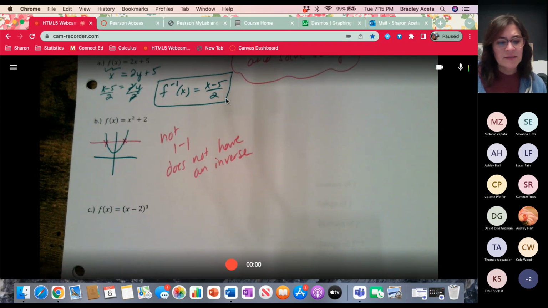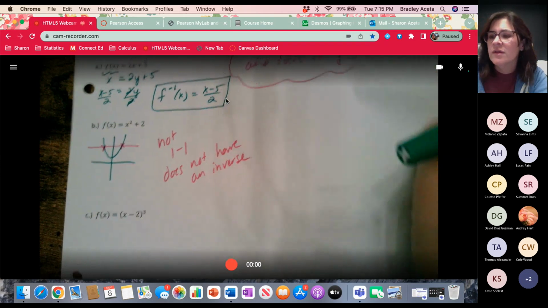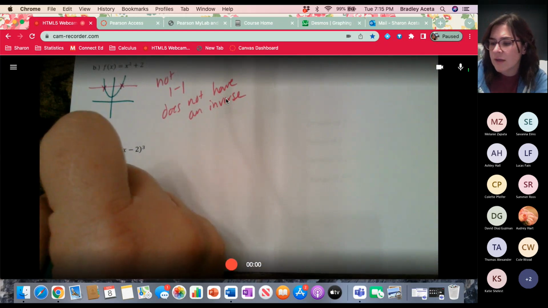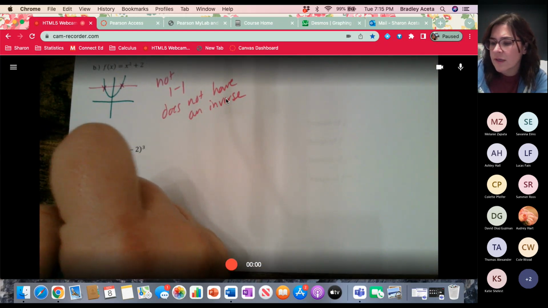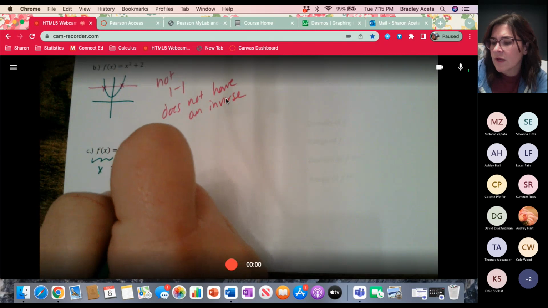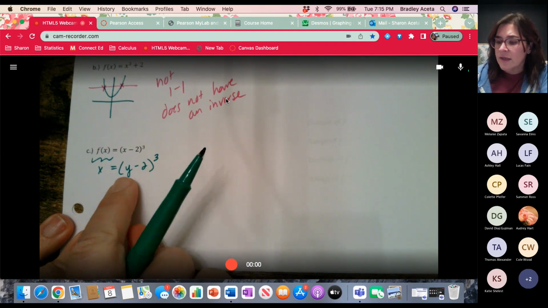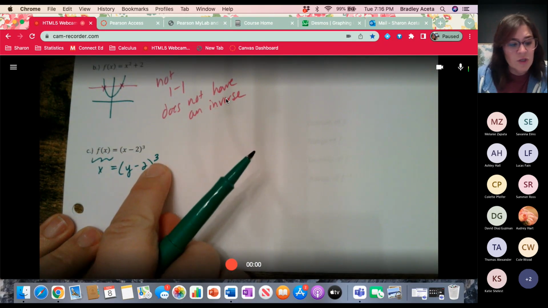All right, this one, x minus 2 cubed. This one is one-to-one. So we're going to switch our x and y and solve for y. x equals y minus 2 cubed. Okay, so again, got to get y by itself. How do I undo a cube?